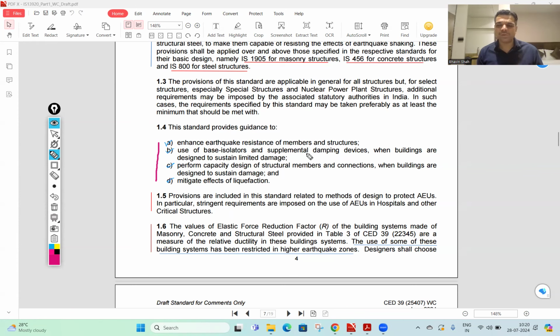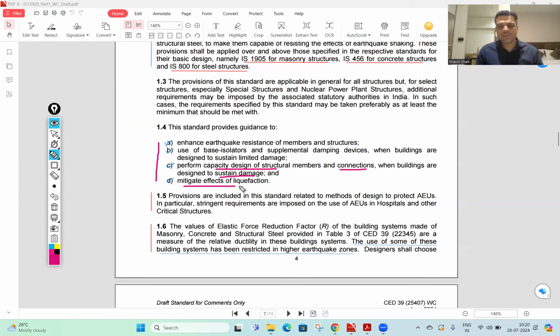It talks about base isolators as well as supplemental damping devices briefly in this part. Perform capacity design of structural members and connections. There is a clause for the capacity design of members included in this document. When buildings are designed to sustain damage and to mitigate effects of liquefaction, a few clauses are also added for liquefaction.